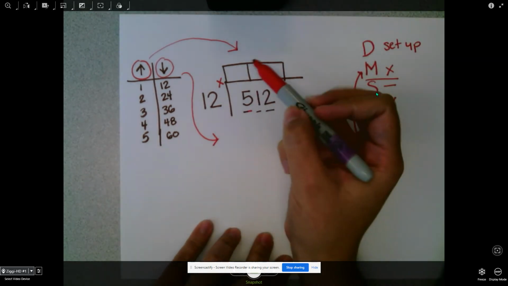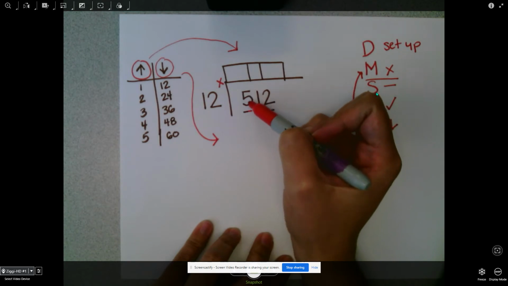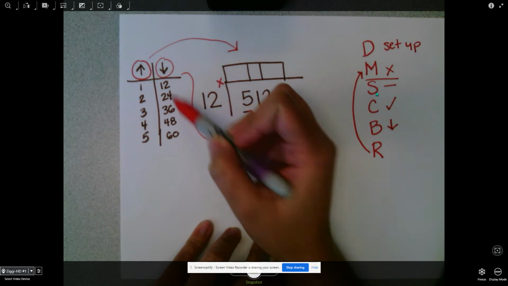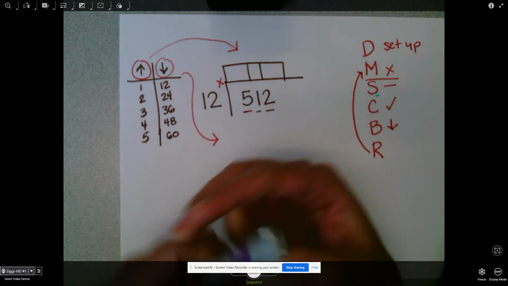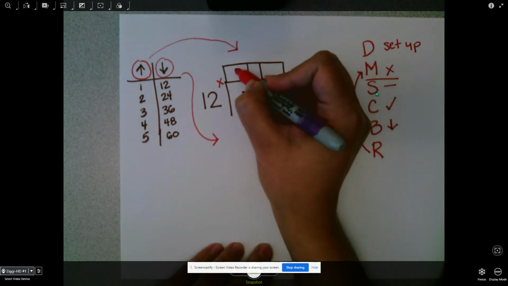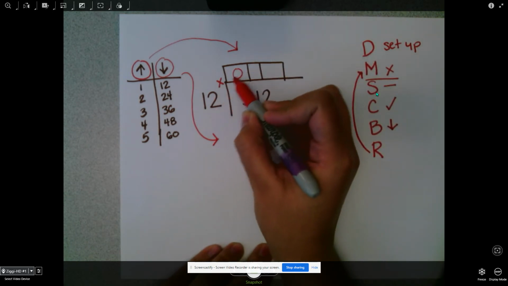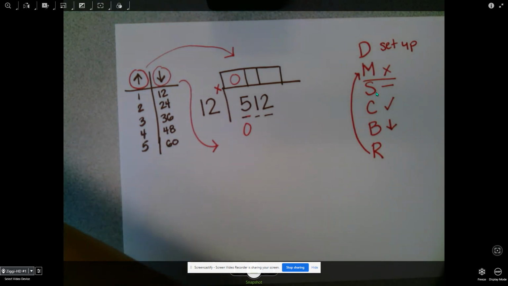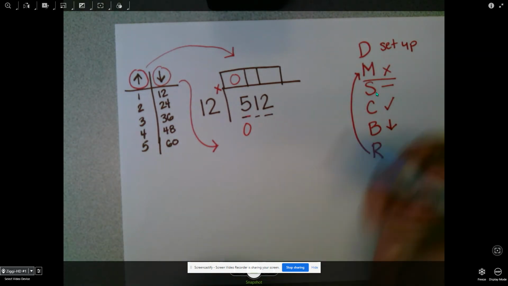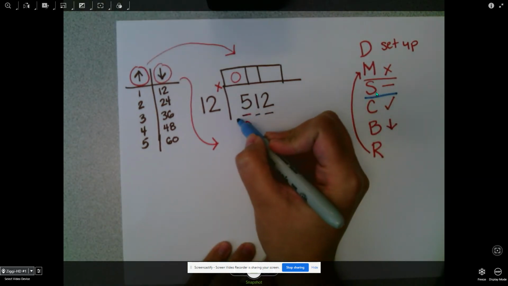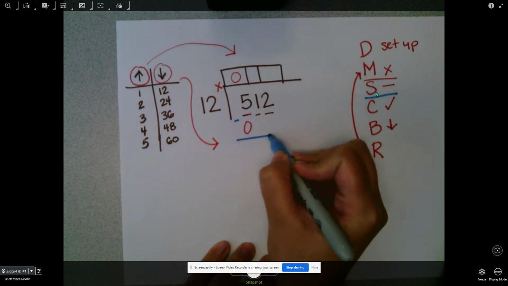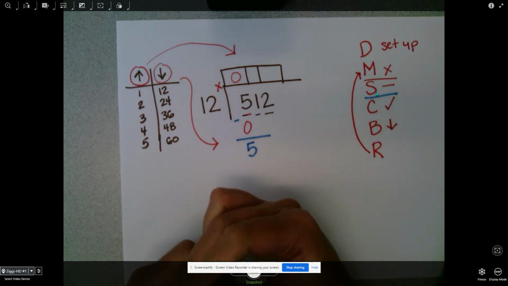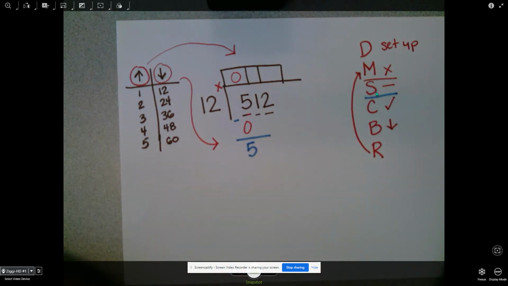So if I look at my bottom number, the 5, there is no number that is 5. So I'm going to multiply by 0. 12 times 0 is 0. My next step is to subtract. So I'm going to subtract 5 minus 0, and that equals 5. My next step is to bring down.